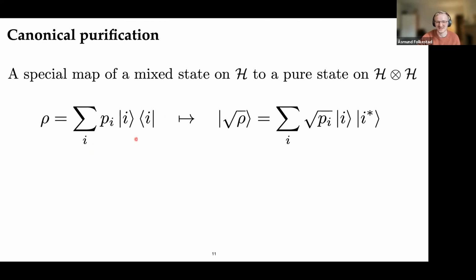You can always write the density matrix in this form here, and essentially you obtain the canonical purification by just flipping the bra to a ket. I also added a star here because in quantum field theory, you'd also like to apply a CPT conjugation on one of these states. But that's a detail that doesn't really matter much to our story. Just as a basic example, if you take rho beta, the thermal state, and you construct the canonical purification, then you get the thermofield double.